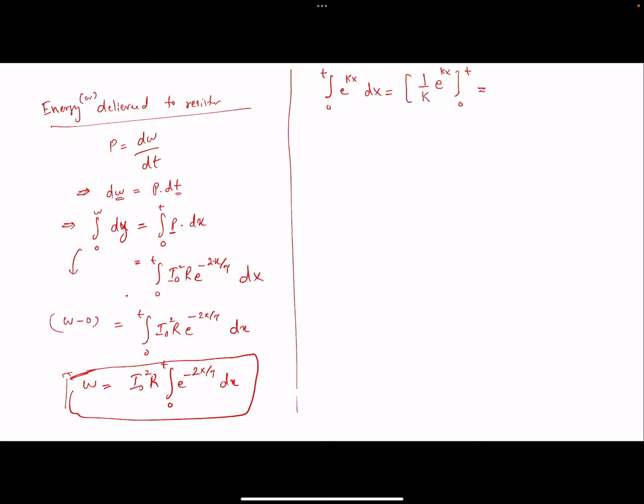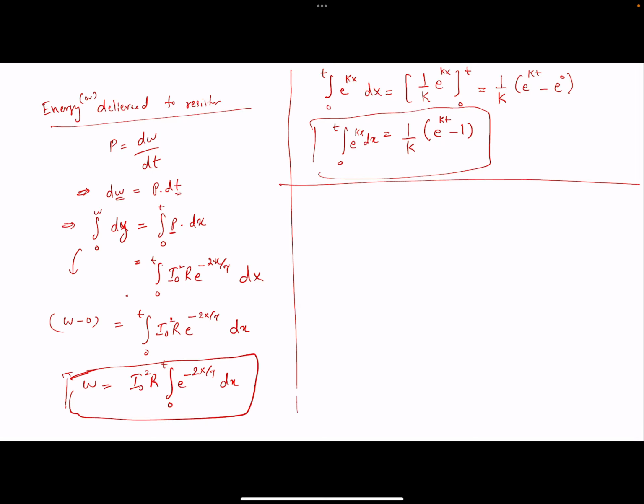And then this is going to come out to be 1 over k times e raised to the power kt minus e raised to the power 0, which is 1 over k times e raised to the power kt minus 1, right? So if you do this integration 0 to t of e raised to the power minus kx dx, this is what you get. So I'm going to use essentially this now and apply it over here.